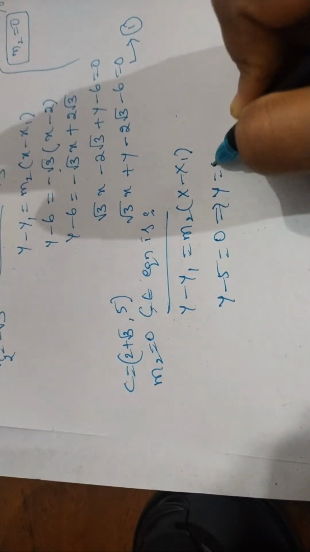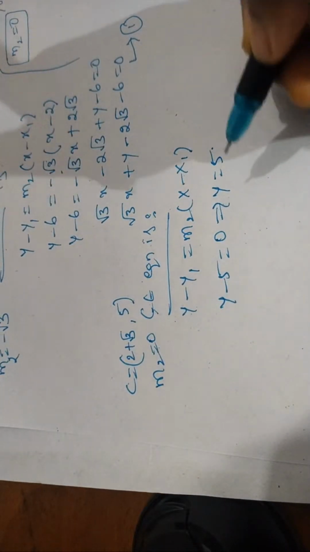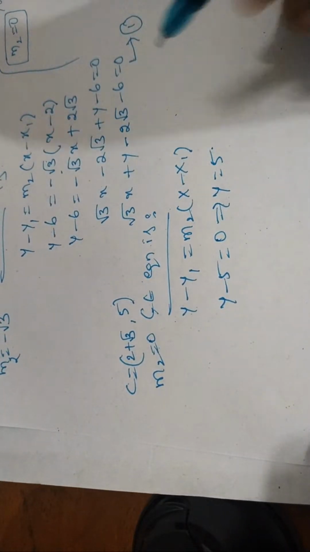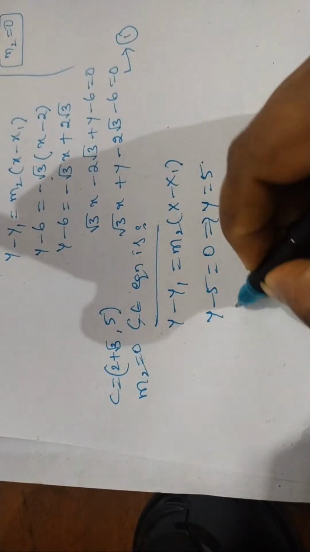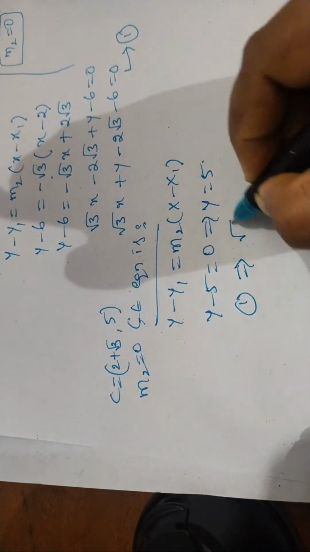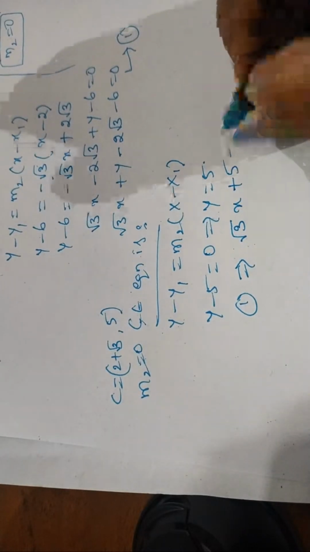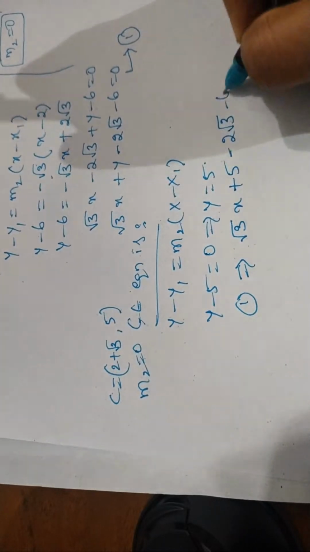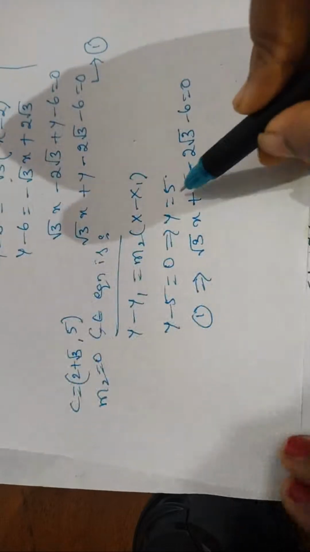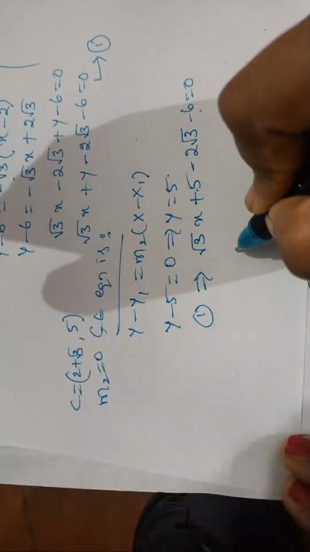Y is 5. Now substitute this y value in equation 1. What is equation 1? Root 3x plus 5 minus 2 root 3 minus 6 is equal to 0. Now plus 5 minus 6 is minus 1.